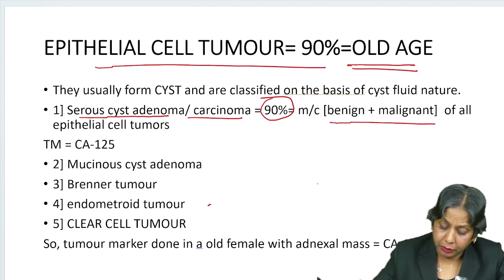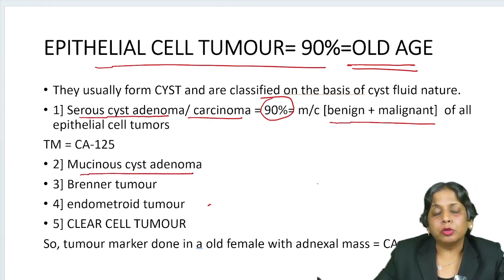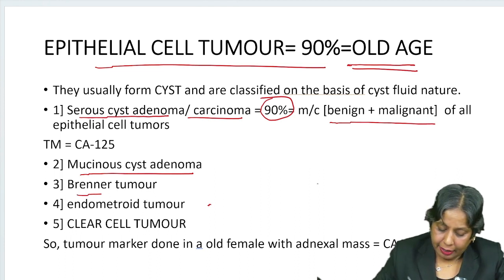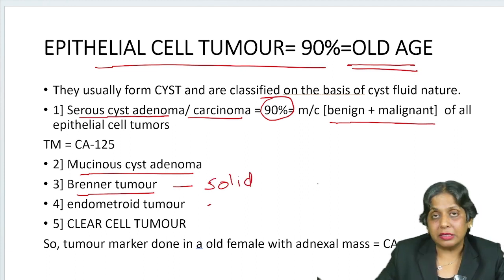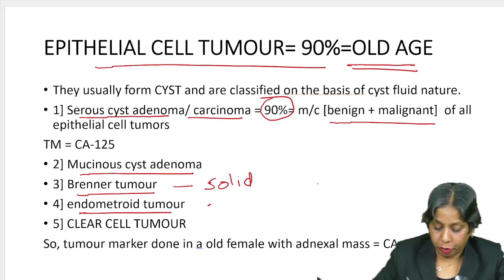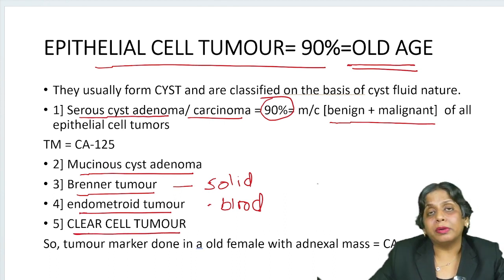The other tumor which can be there is mucinous cystadenoma, if the content of the cyst is mucus. If the content of the cyst is solid, then it can be Brenner's tumor. If the content is endometrial tissue and blood, then it can be endometrioid tumor. And if the content is clear cells, then it can be clear cell tumor.